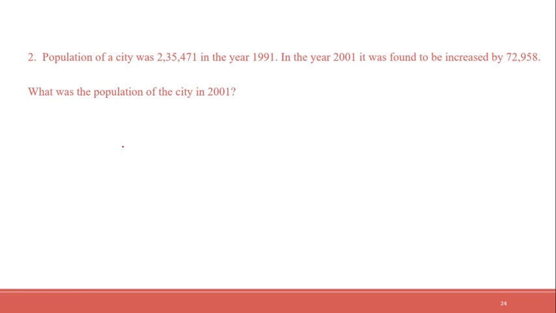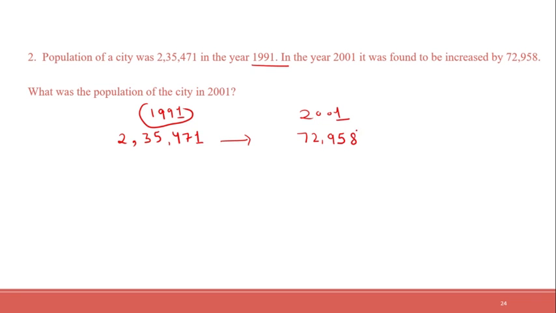Now let's come to our second question. Population of a city was 2,35,471 in the year 1991. This is for the year 1991, right? In the year 2001, this population increased by 72,958.